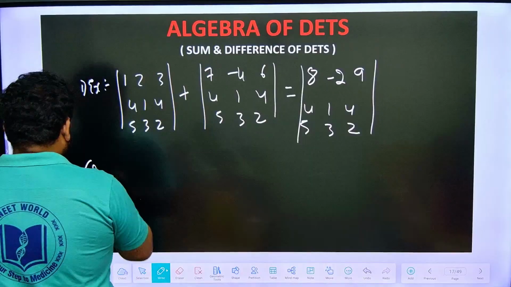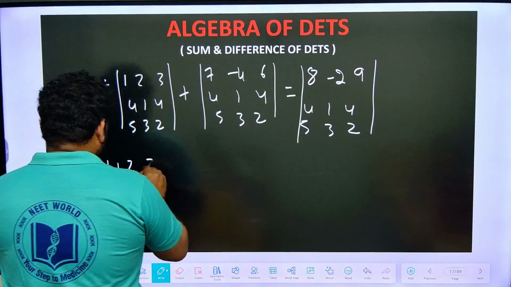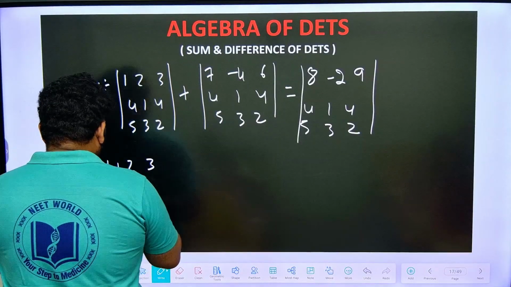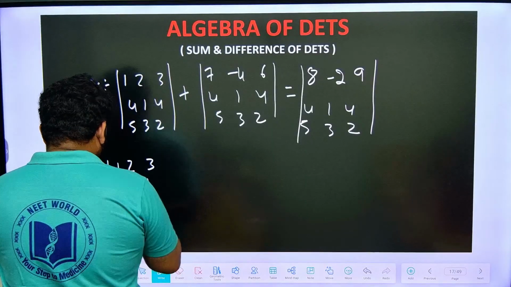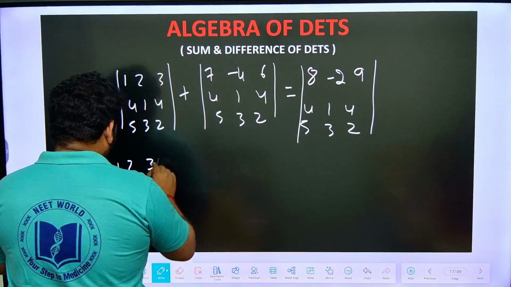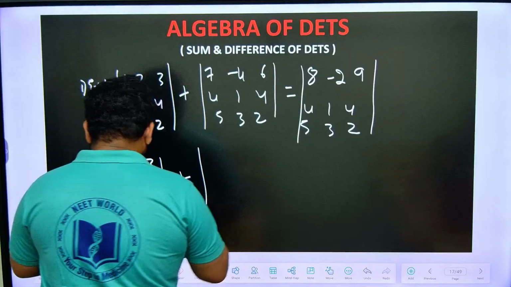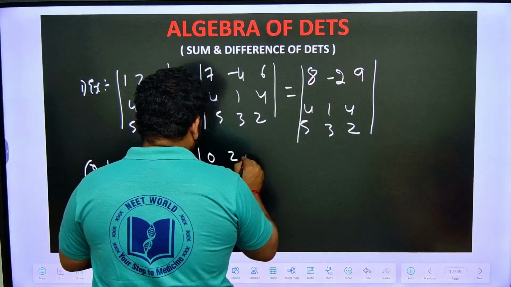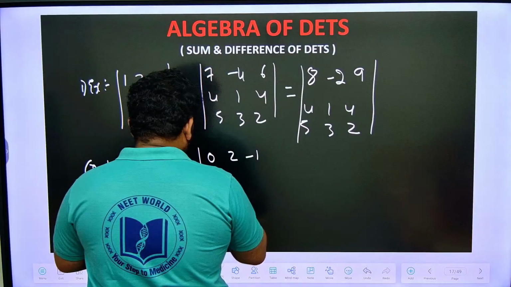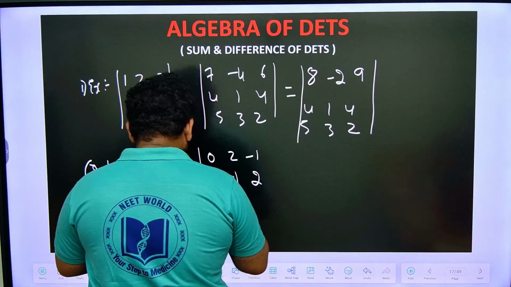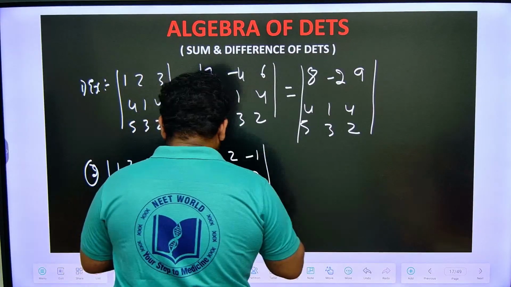Second example: determinant 1, 2, 3, 2, 1, 0, minus 1, 2, plus the determinant 0, 2, minus 1, 0, minus 1, 2, 2, 1, 1, 2, 1, 1.